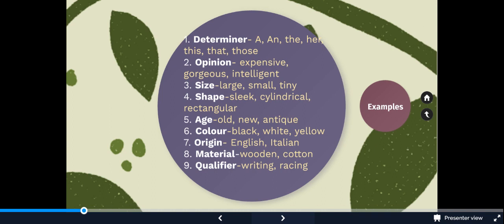The third one is size: large, small, tiny, gigantic, etc. Shape: rectangular, square, round, sleek, cylindrical, etc. are examples. The fifth category is age: old, new, antique, modern, etc. Then comes color. After that, origin.